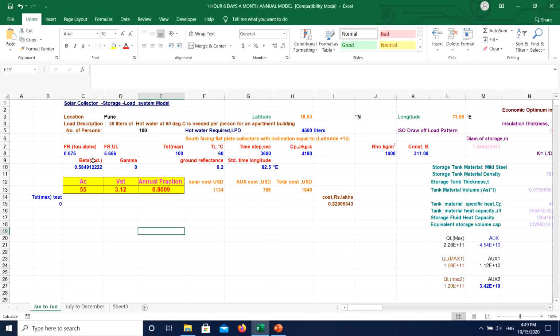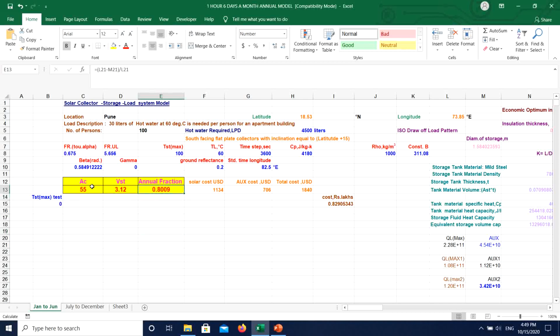As we have seen earlier, the parameters selected are FR tau alpha 0.675 and FRUL 0.565. This shaded region indicates the variables which I can vary. With the design space approach, I set the annual solar fraction at 0.8.